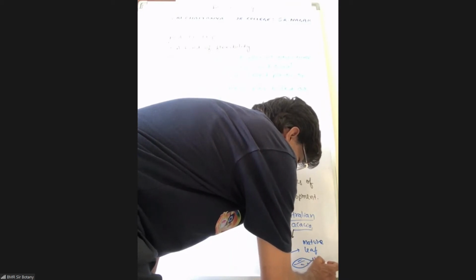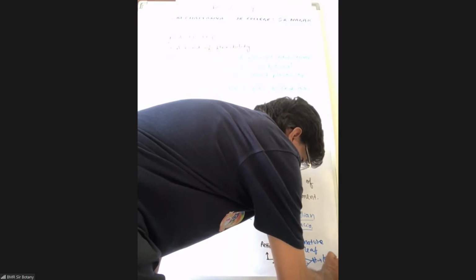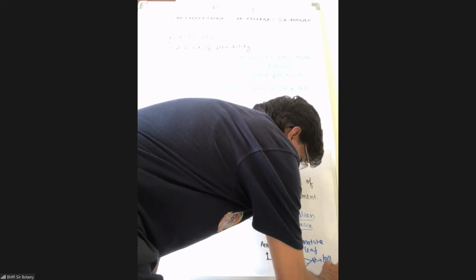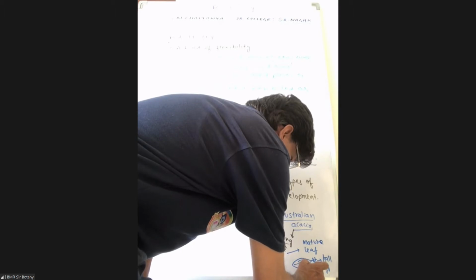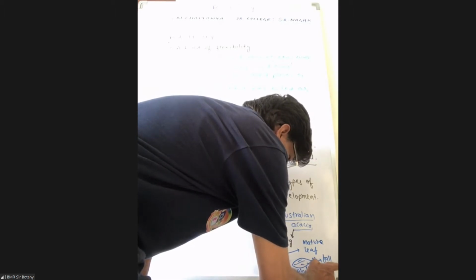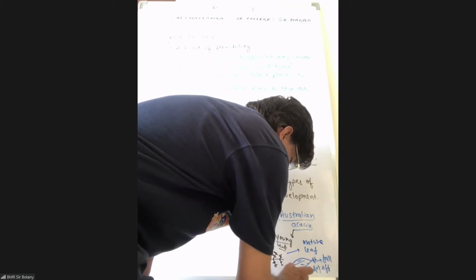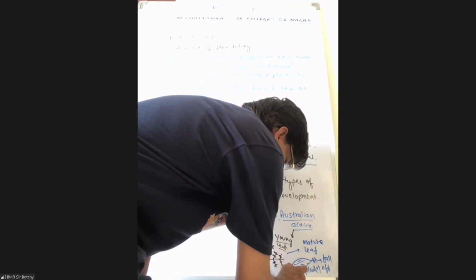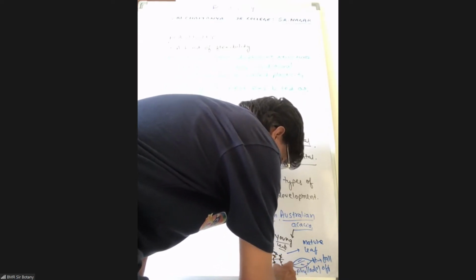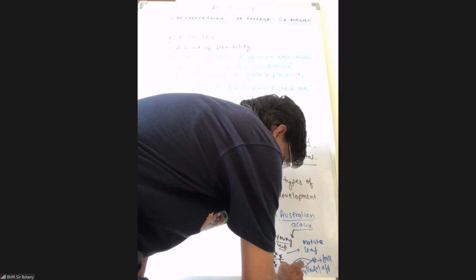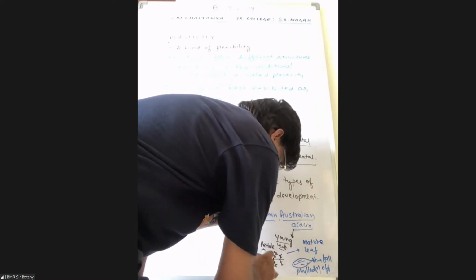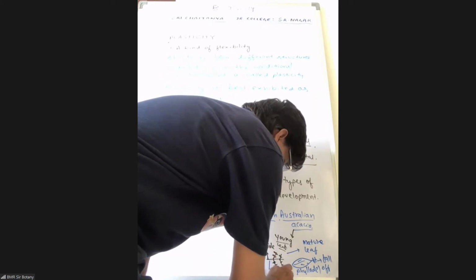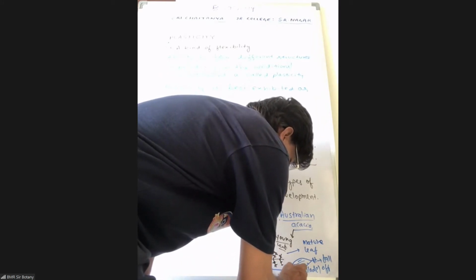So these fall off. So this is phylloid. Originally it was petiole. So this petiole has become phylloid.